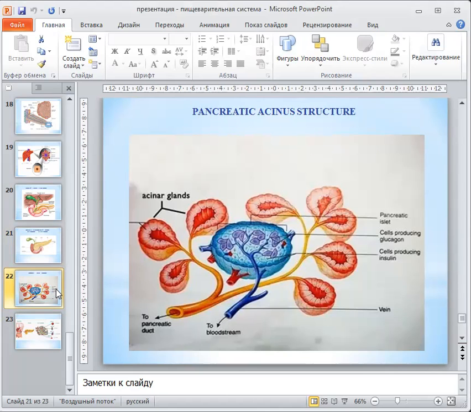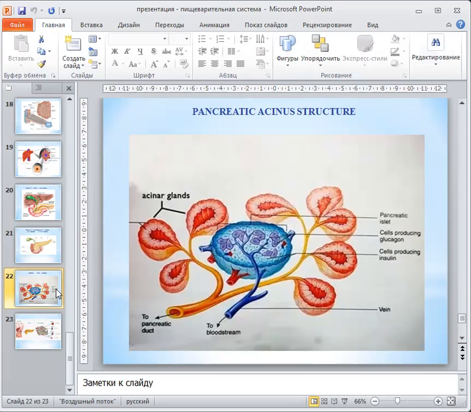The structure of the pancreas. The pancreas is full of acini. There are islets of Langerhans between the acini. The acinus is the structural unit of the pancreas. Acini are 100 to 150 micrometers in diameter.